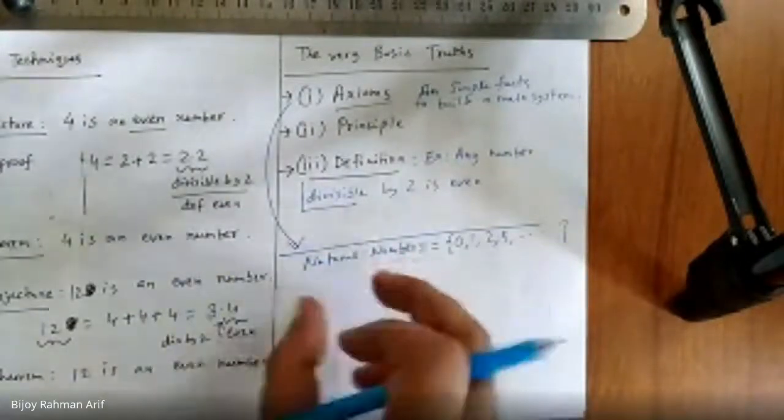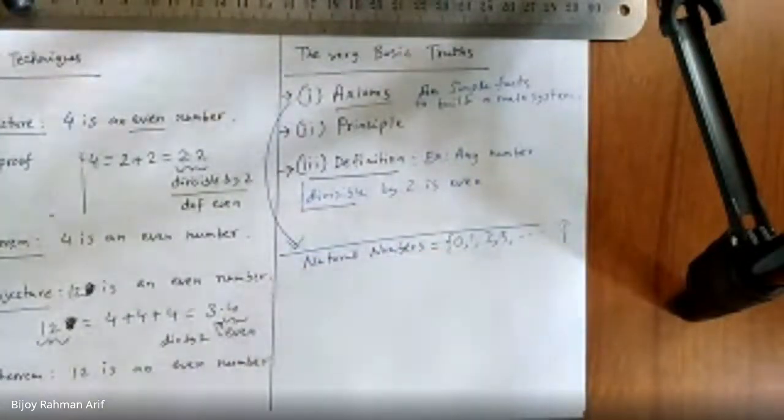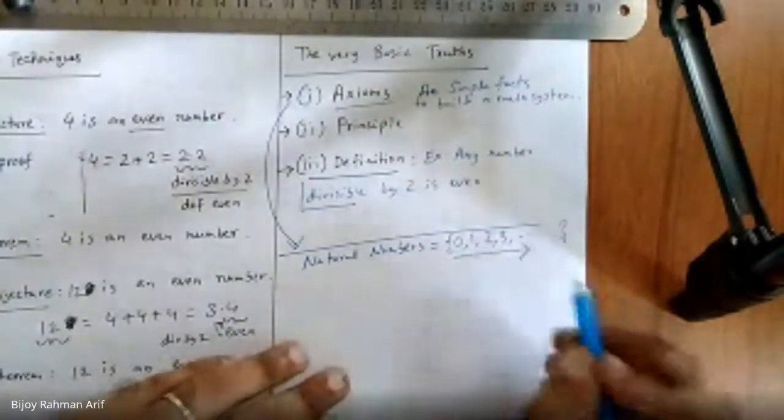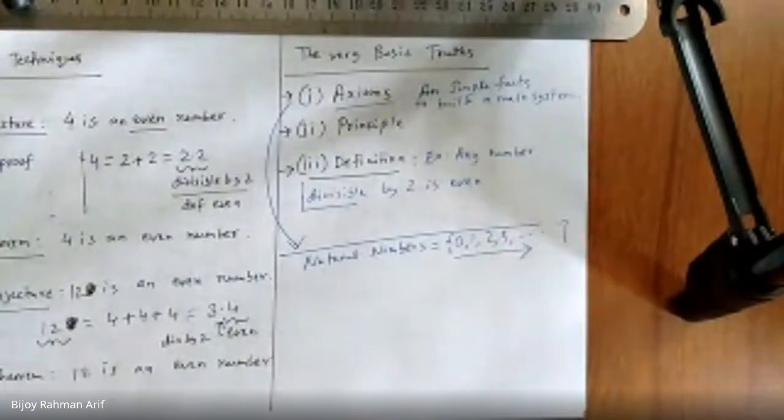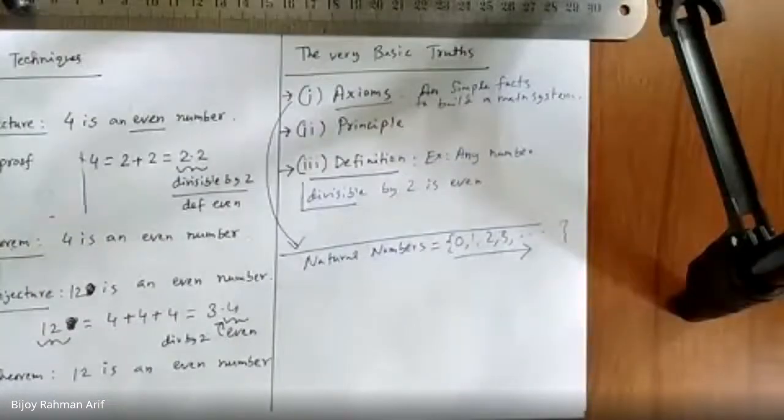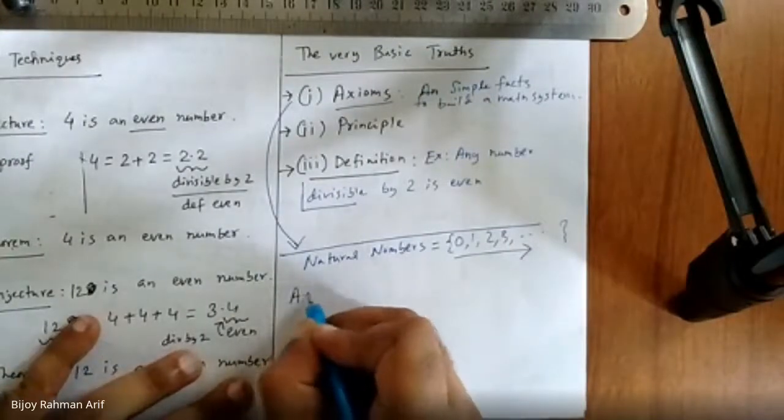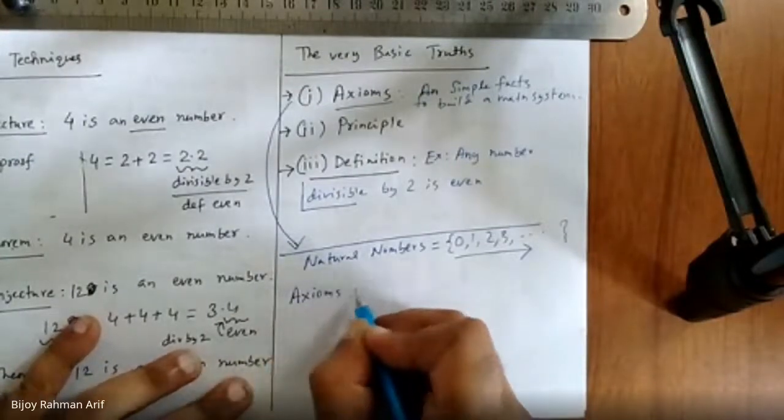Okay? So how can you generate the natural number set? Tell me. How can you generate this set? Using a machine or using your calculation. So we can use axioms. Axioms of natural numbers.